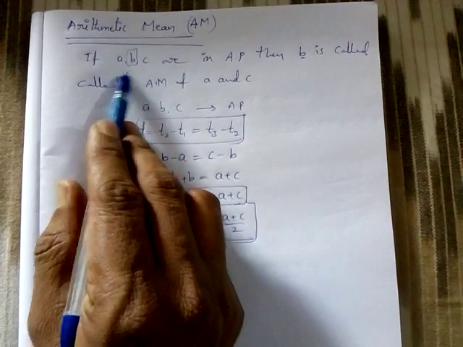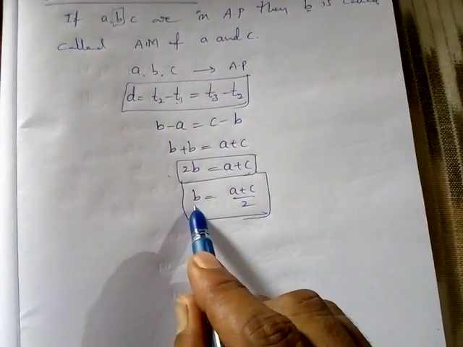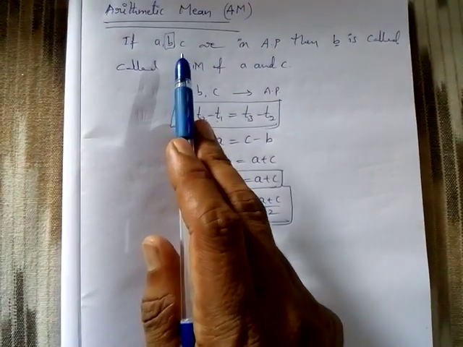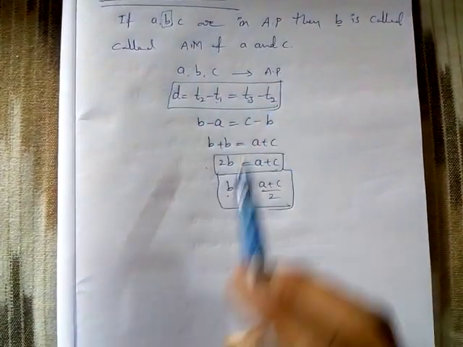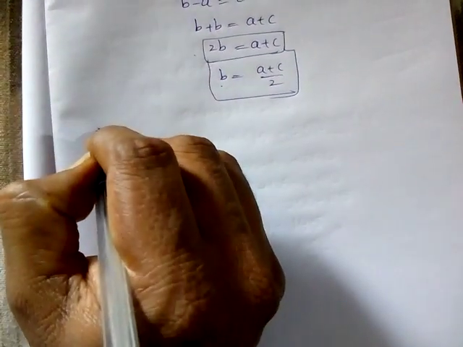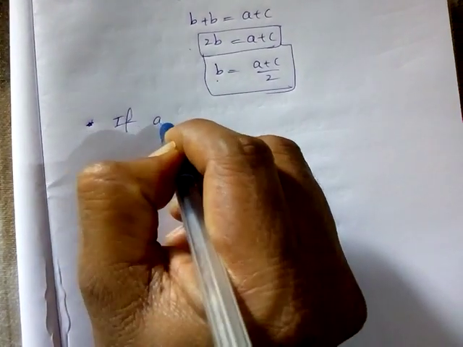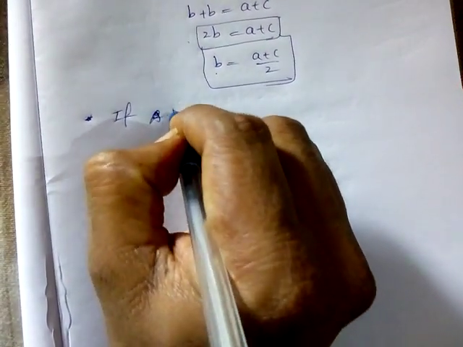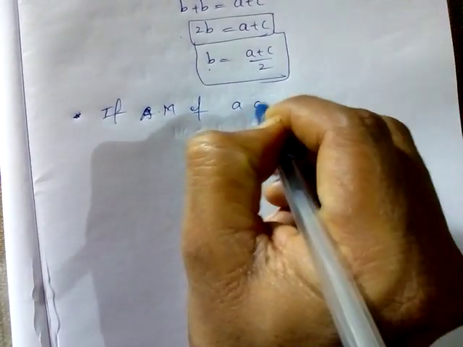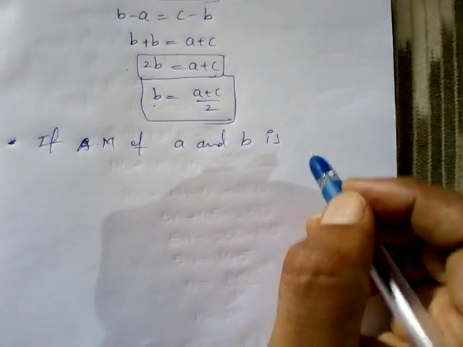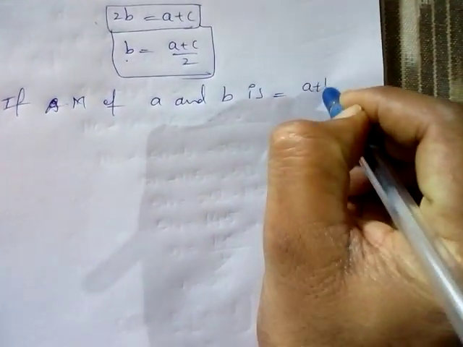If A, B, C are in AP, then the arithmetic mean B is equal to (A plus C) by 2. If three terms are in AP, then the middle term is called the arithmetic mean of the remaining two terms. The arithmetic mean of A and B is (A plus B) by 2.